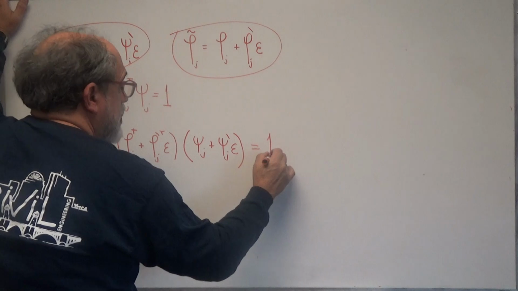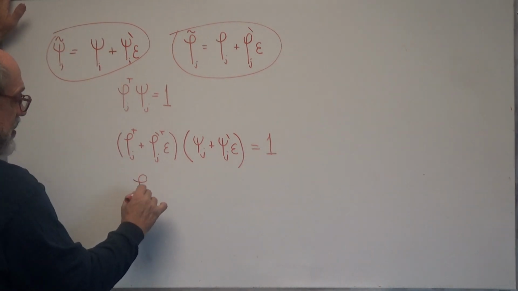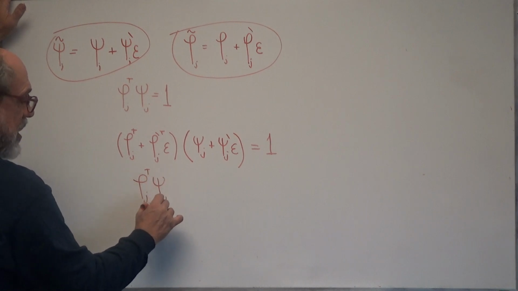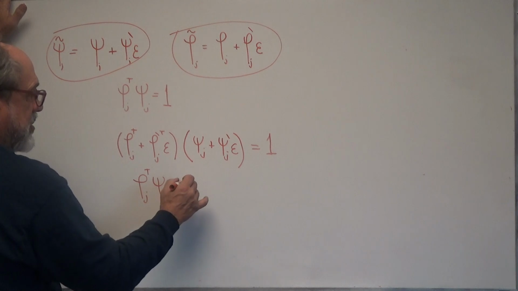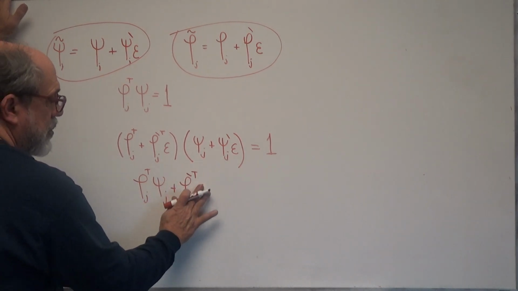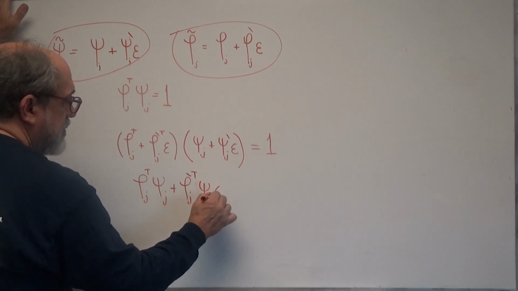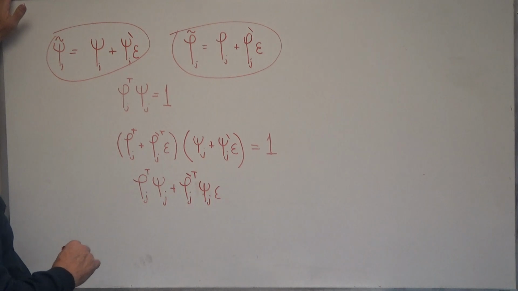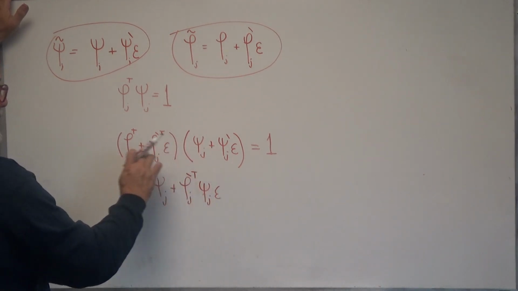And we want that to be a 1, right? So this gives us phi j transpose times phi j plus psi j prime transpose times phi j times epsilon, right? This times this plus this times this.